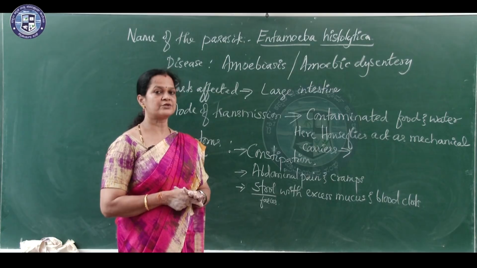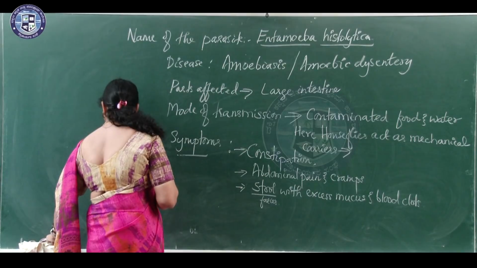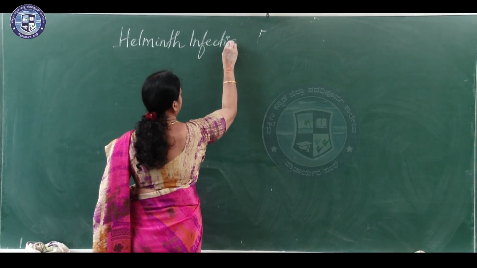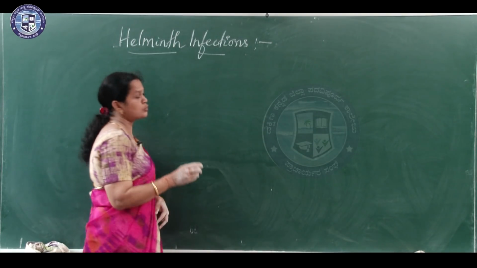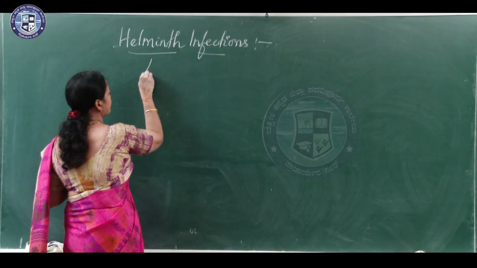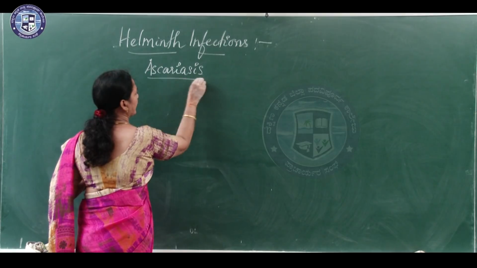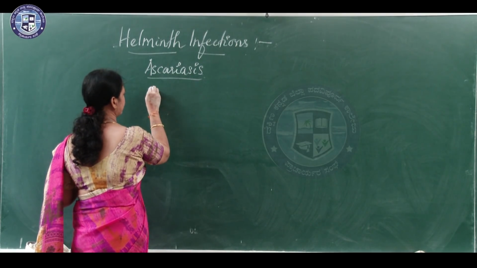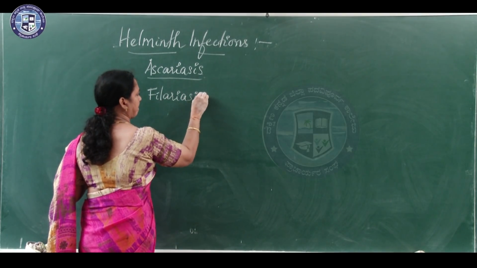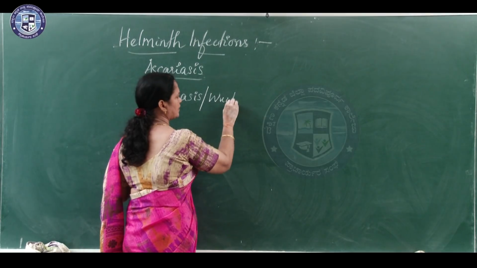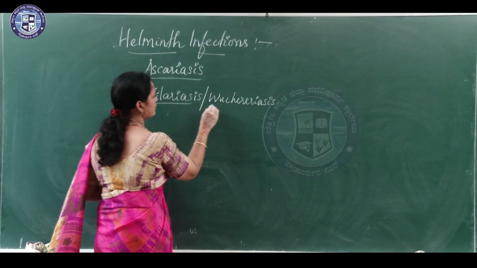Okay. We will move on to the next one, helminth infections. Two types of helminth infections we have to study. One is ascariasis, the other one is filariasis or Wuchereriasis.